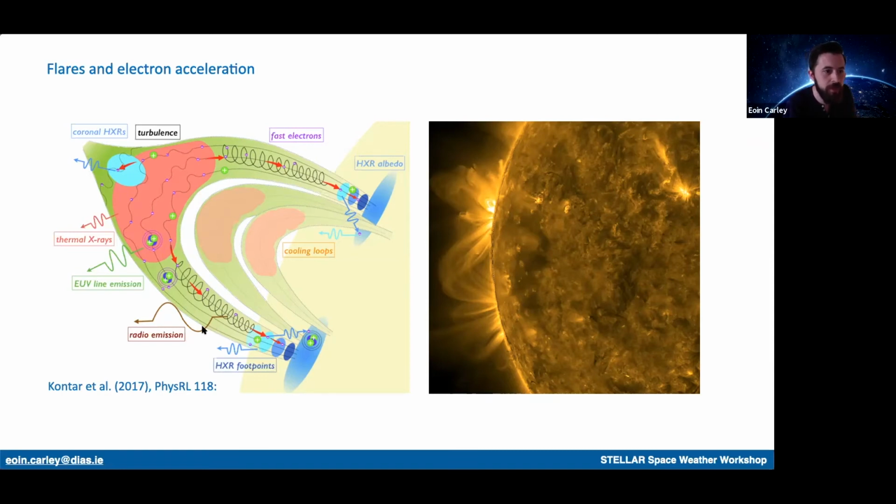So this provides a diagnostic of flaring loops in terms of the energy of the particles, as I'll show, the magnetic field, which is super important, density, temperature, all sorts of things, and also it's a complement often to the X-ray observations that are observed almost simultaneously with this process.